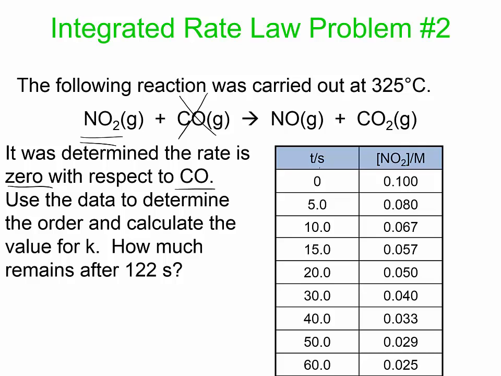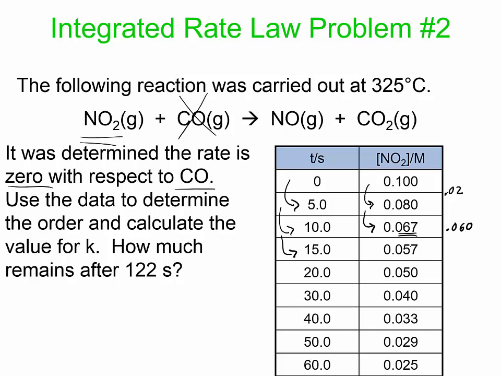Because this is regular time data, so it goes up by 5 every time. Now look at the concentration. So it decreased by 0.02. Now, if it were zero order, it would decrease by 0.02 every time. And if it were zero order, on this next data point it should go down to 0.06, but it didn't.